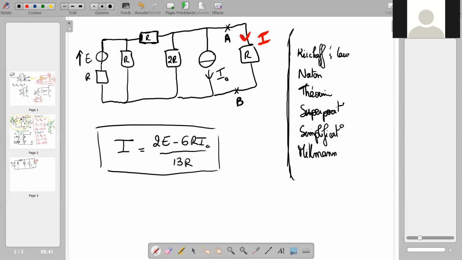I forgot the last step where I had to put it back in and calculate I, but I'm doing it now. It doesn't seem too difficult. So simplification or equivalent circuits, this is the same name for the same method.